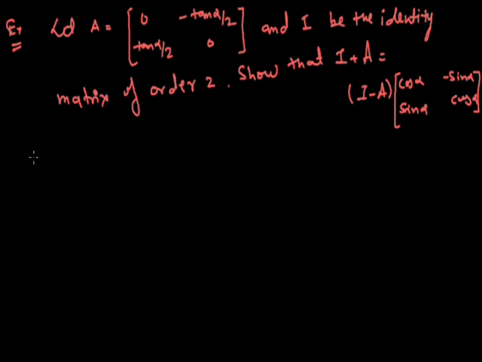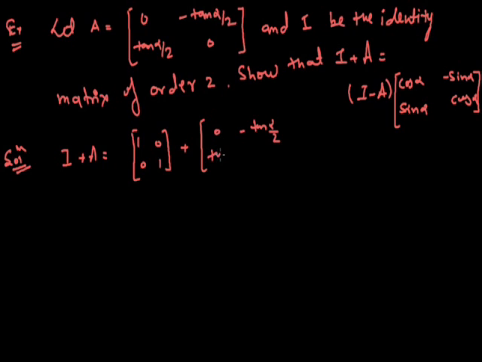Now let's start the solution. Now I plus A is 1, 0, 0, 1, where I is the identity matrix, and A is 0, minus tan alpha by 2, tan alpha by 2, 0.